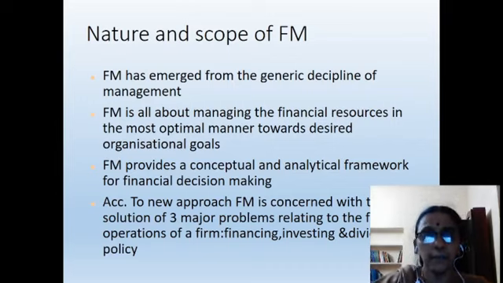So the new approach of financial management provides a very essential solution for three major problems relating to financing decision, investing decision, and dividend policies.